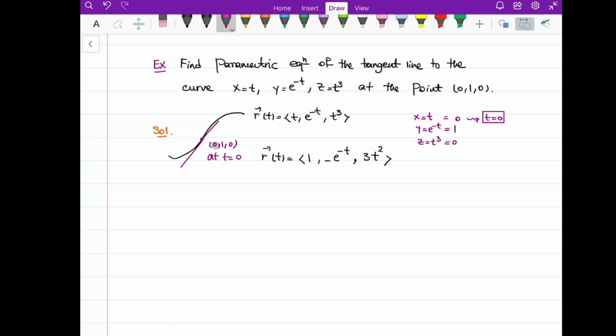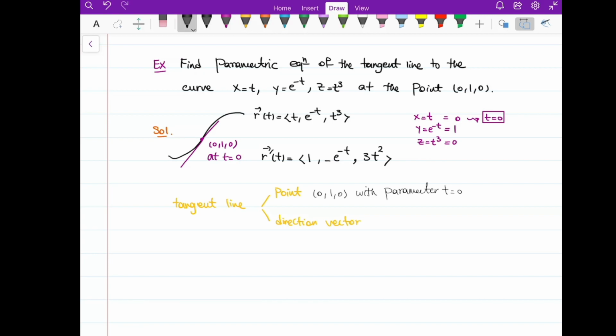Okay, so now I have everything that I want for writing the tangent line. For writing any line, actually, we just need a point, and the point is given. The point is (0, 1, 0), with the corresponding parameter t equals 0. And I need a direction vector. The direction vector for the tangent line is gonna be the derivative.